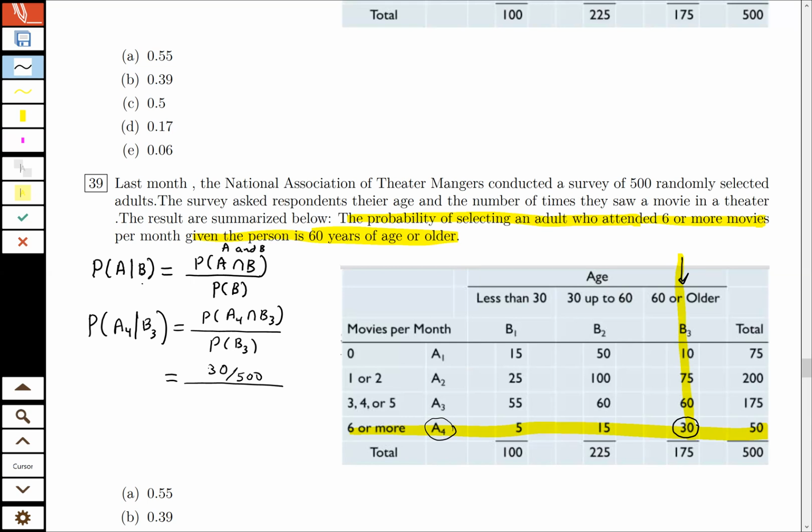Now, the probability of B3. What is B3? It's 175 over 500. And that will mean 30 divided by 500 divided by 175 divided by 500, which is actually 30 over 500 times upside down 500 over 175. So these will cancel, and you will get 30 over 175.